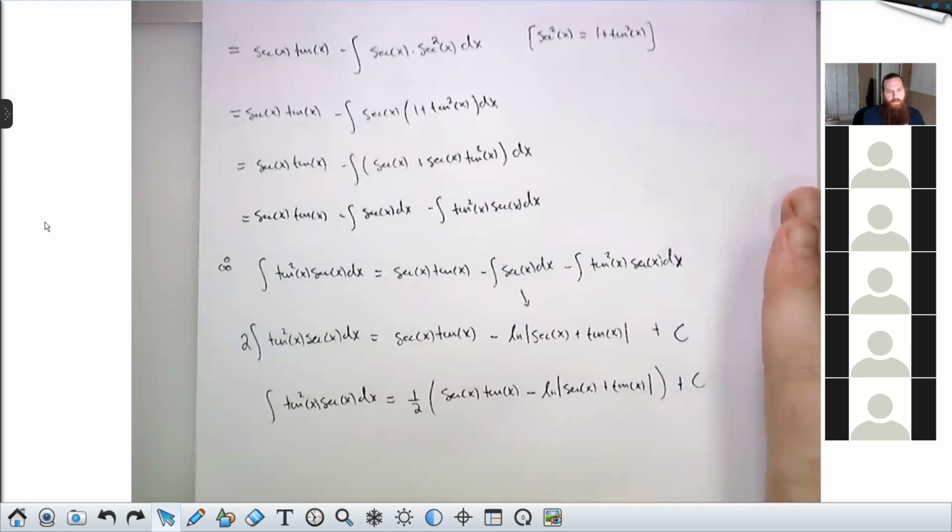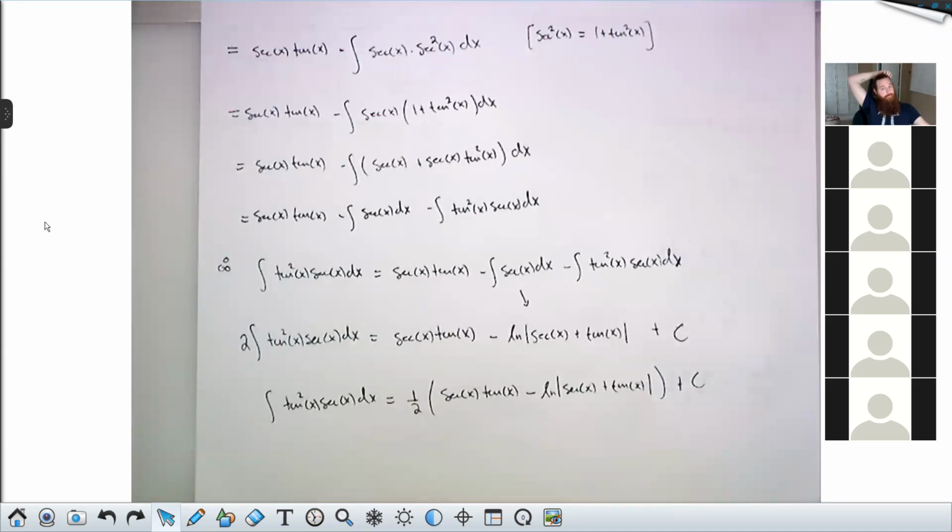You don't need to divide the c by 2 because he's an arbitrary constant. So this is where we land.